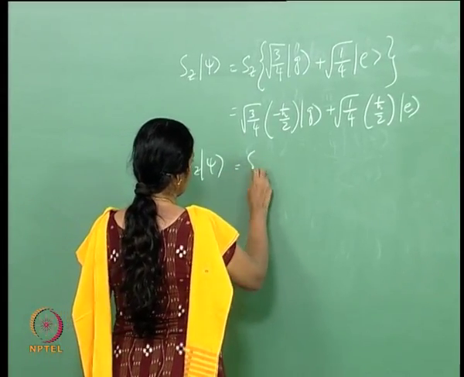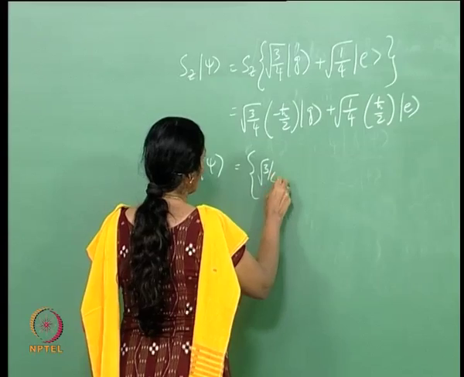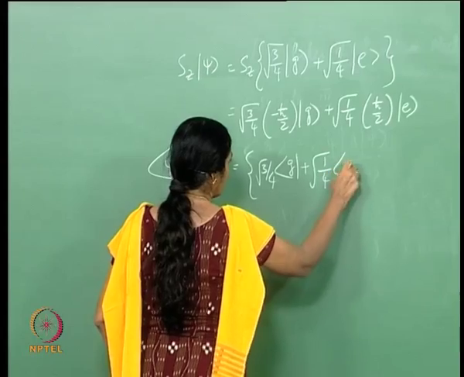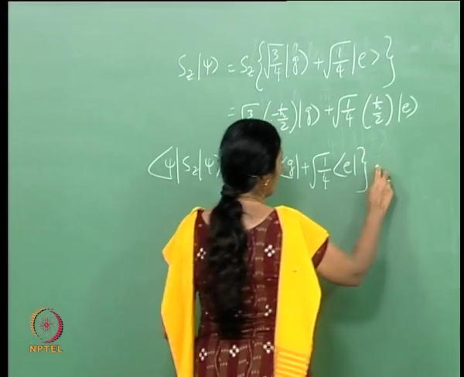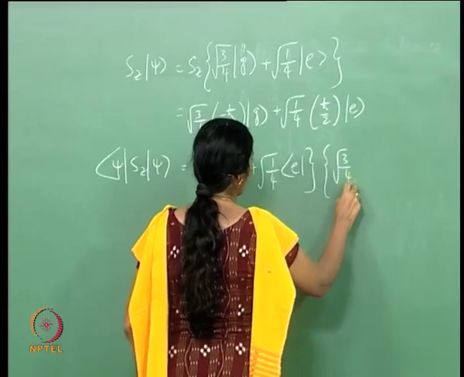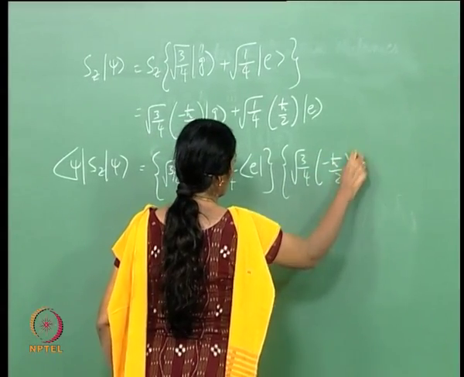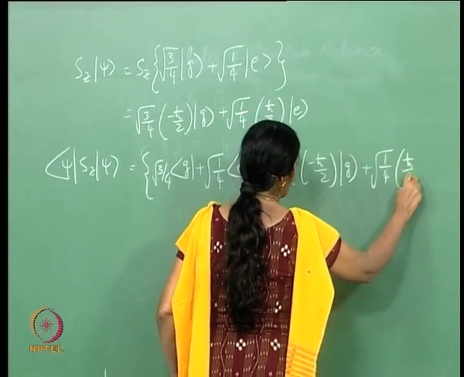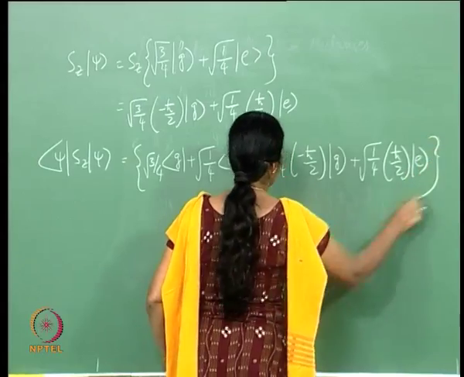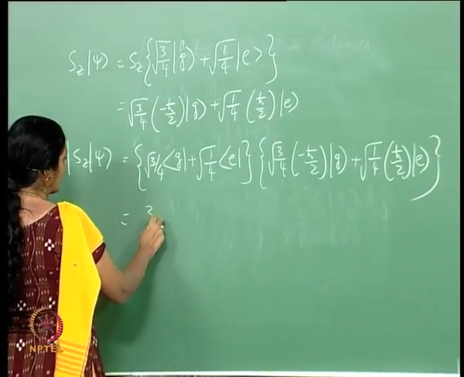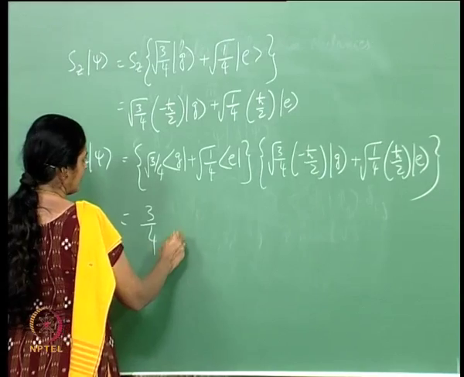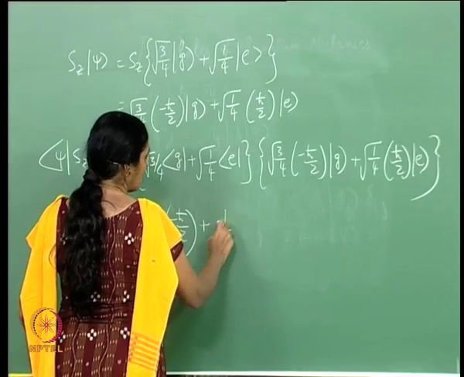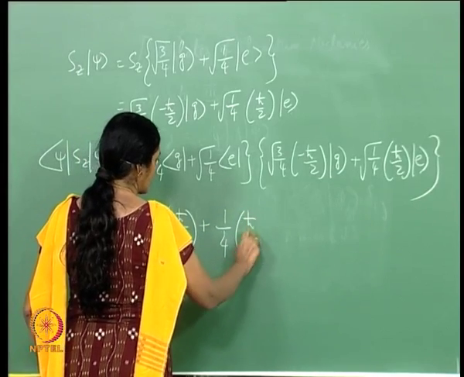So this is simply going to be root 3 by 4 bra G plus root 1 by 4 bra E with root 3 by 4 minus h cross by 2 ket G plus root 1 by 4 h cross by 2 ket E. It is pretty clear that this is 3/4 minus h cross by 2 times minus h cross by 2 plus 1/4 times h cross by 2.